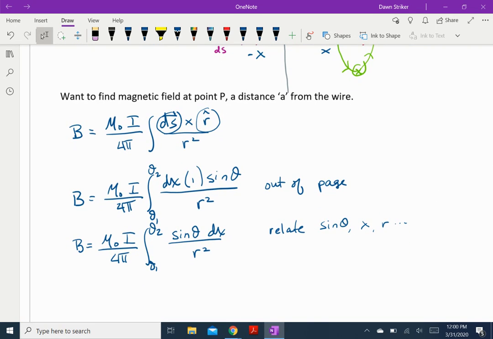So I'm going to use a couple of trig substitutions. Here we go, to try to be quick. Sine of theta, opposite over hypotenuse. So sine of theta is a over r. That means that I can write r as a divided by the sine of theta, which is really a times the cosecant of theta.